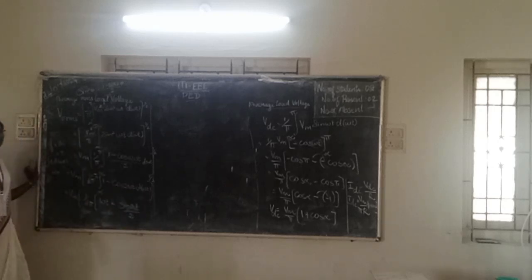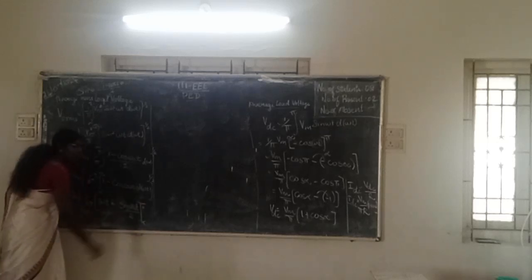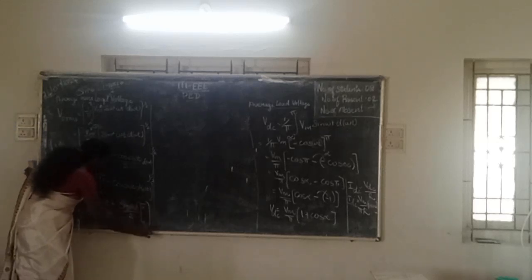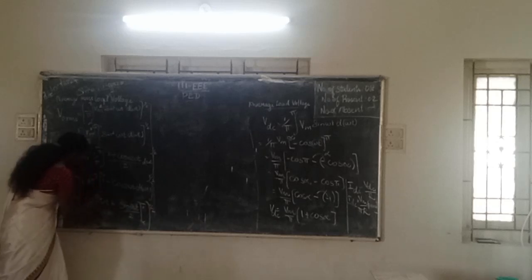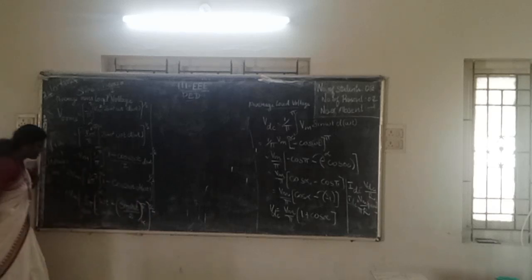The coefficient of the x term comes to the denominator. The limit varies from alpha to pi, the whole power 1 by 2. This bracket is a round bracket and the whole bracket should be a square.